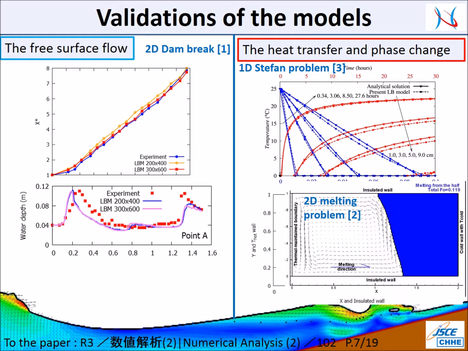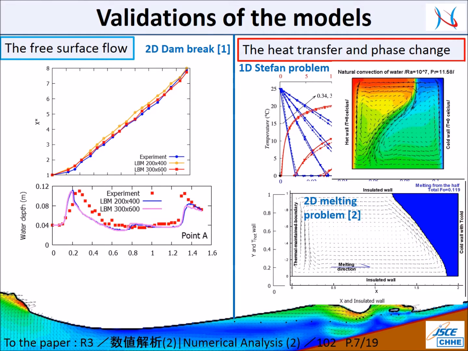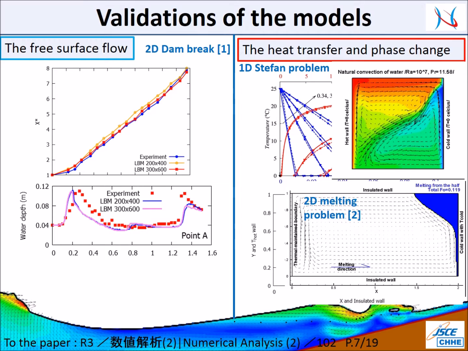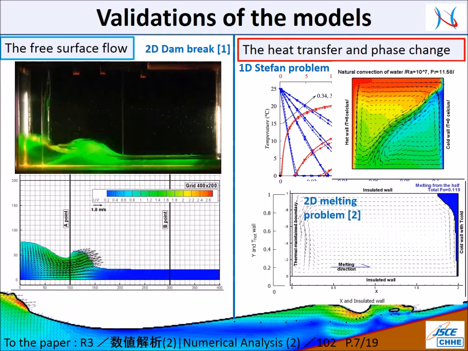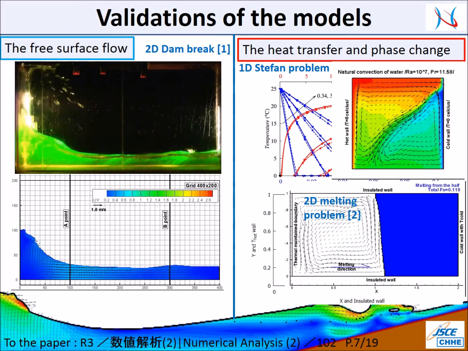This is the animation of the result for the 2D melting problem. This is the heat convection, heat transfer modeling. The problem is natural convection of water, and this animation is for the free surface flow.